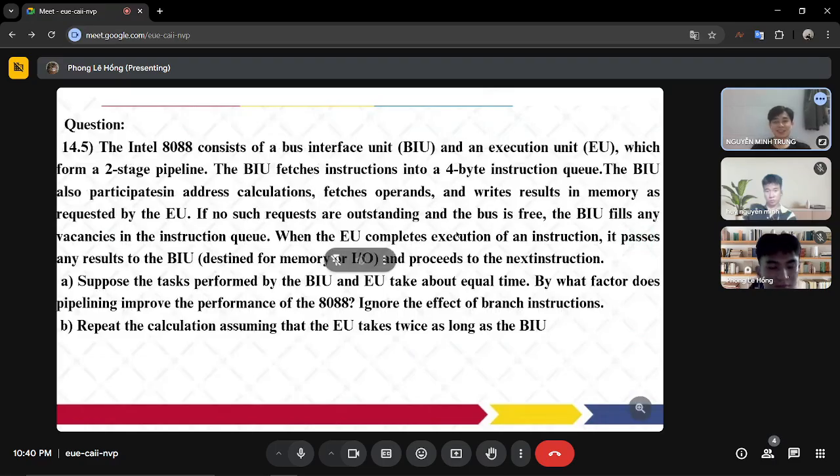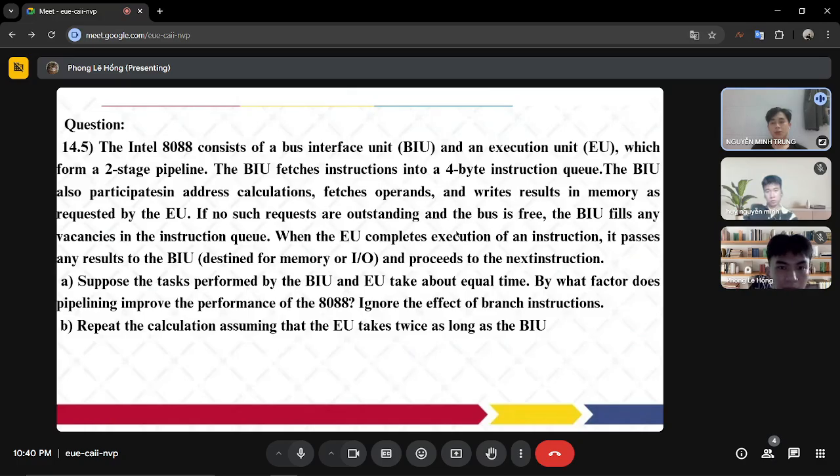Question 45. The Intel 8086 consists of the bus interface unit, BIU, and an execution unit, EU, which form a two-stage pipeline. The BIU fetches instructions into a 6-byte instruction queue.